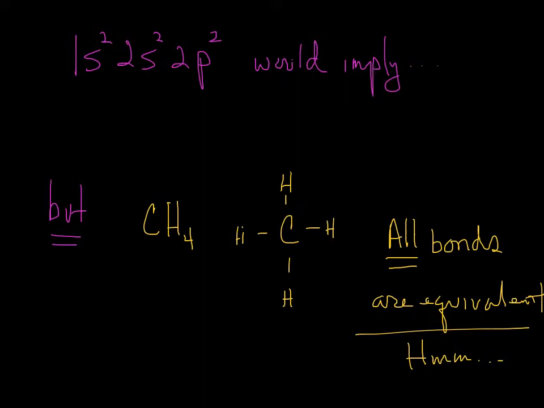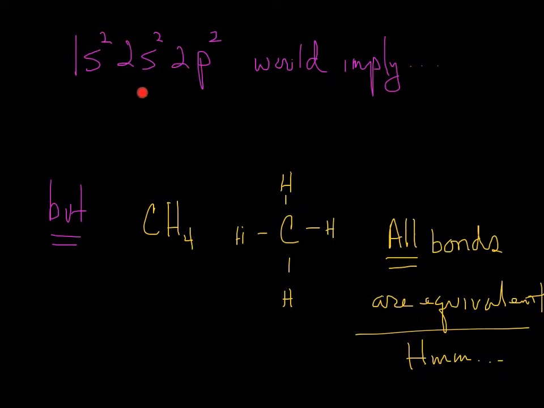Carbon has a configuration of 1s2, 2s2, 2p2. And if you're thinking of that, that should imply that when I look at methane, CH4, two of these bonds might be different than the other two.